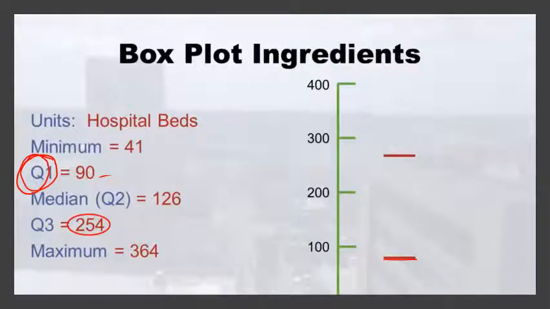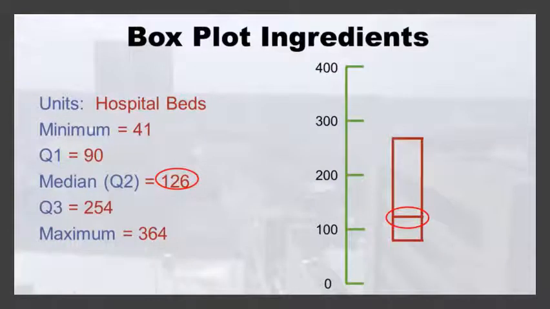Then we're going to look for our Q3. Here's our Q3, and we're going to put it right there. Next, you're going to connect your Q3 and your Q1. So I drew that box right there to connect our Q3 and our Q1.